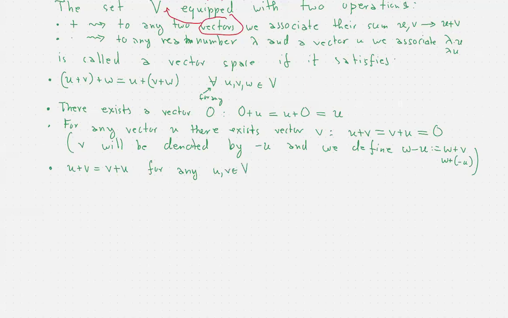So first of all, if we want to scale the sum of two vectors, it's the same thing as if we scale the first one and then we scale the second one and we add them up. It works the other way around. So if you want to scale by the sum of two numbers a given vector u, then you can scale it by the first number, then you can scale it by the second number, and you can add them up.